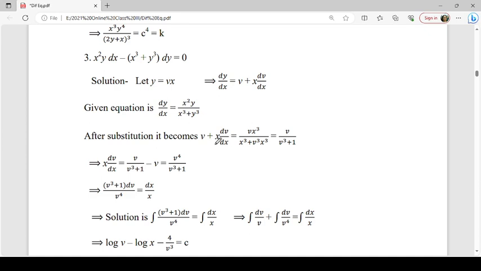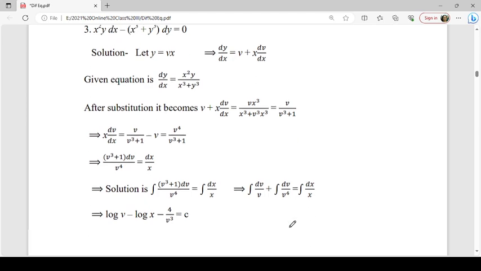So when p comes to right hand side, it is p to the power 4 by p cube plus 1, and our separation of variable is like this: p to the power 4 goes as denominator and p cube plus 1 is in the numerator, and after simplification it is 1 by p and 1 by p to the power 4.